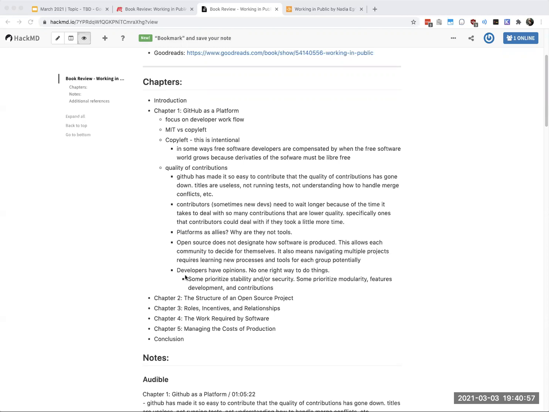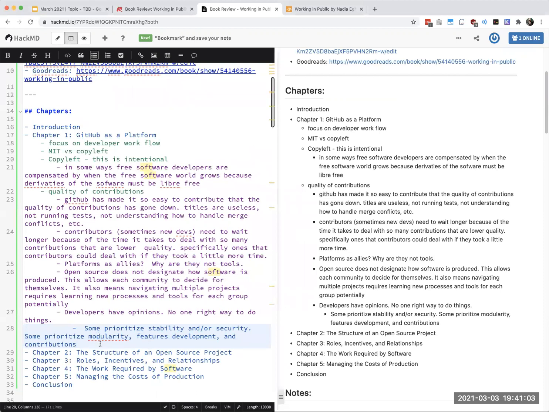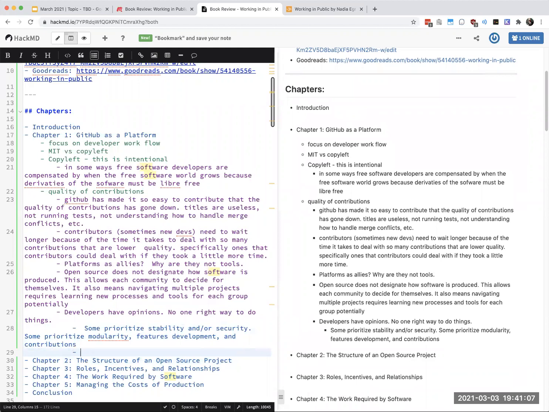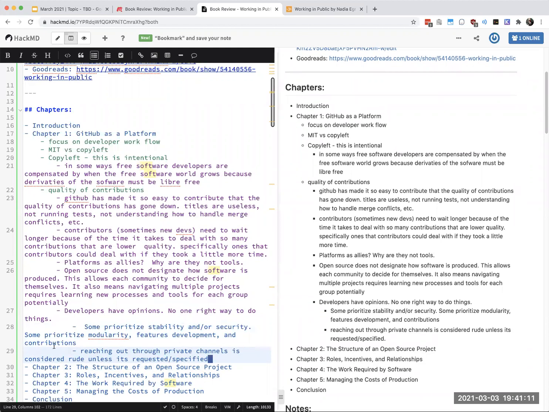Statistics like that are always interesting to me. And that's kind of a theme that runs through the book, where you've got different types of contributors and maintainers. I think we're going to get into that later. Yeah, I think the rest of my notes are in the next chapter and beyond.